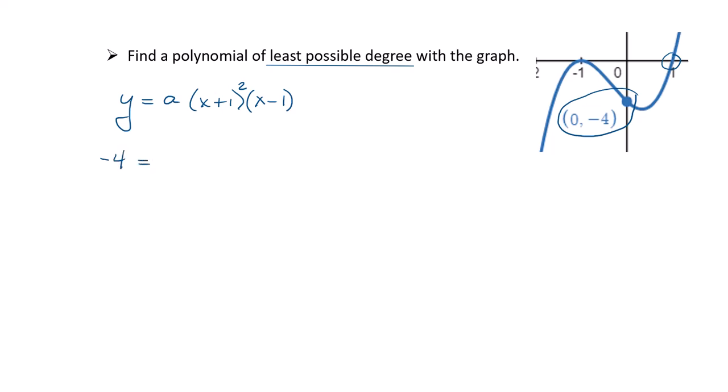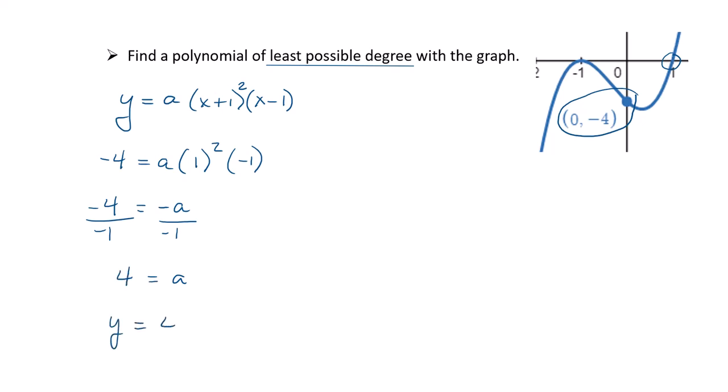Y would be negative 4 if x is 0. So that would make this a 1 squared. It'd make this a negative 1. So 1 squared is 1 times negative 1 is negative 1. So I have negative 1a equals negative 4. Dividing both sides by negative 1, I get a equals 4.